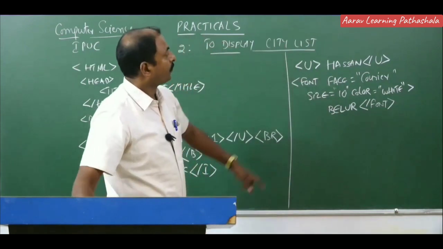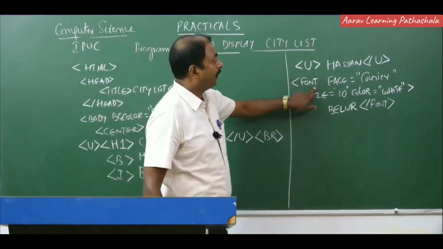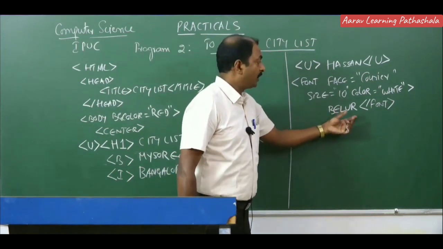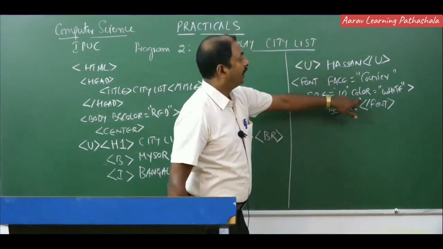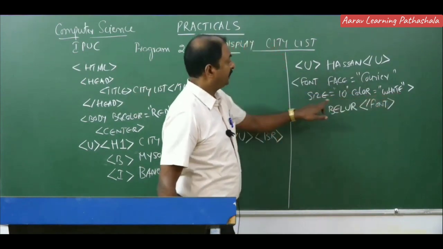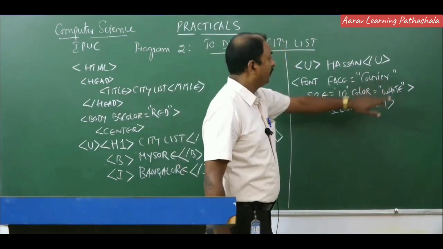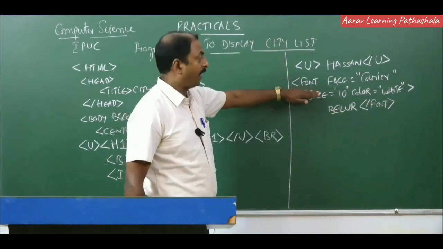So this is one of the tags to display the content. For example, Belur is the name of a city which appears with color white, size 10, and face, nothing but the font Courier. This is the font tag.